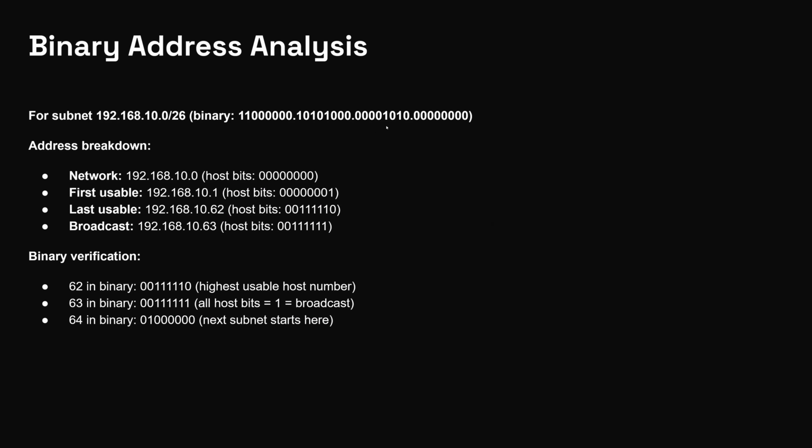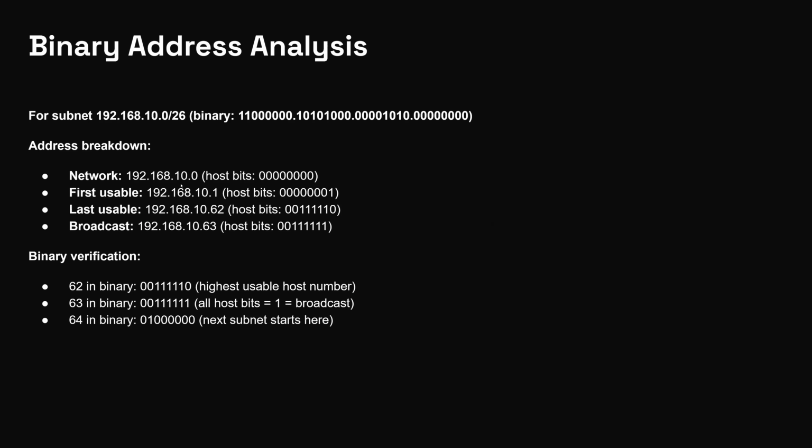The following bit, 4, is off, then 2 is on. So 8 plus 2 is 10. Then the following octet is all zeros. So we ended up with 192.168.10.0/26.